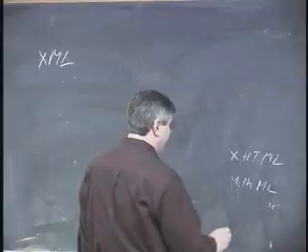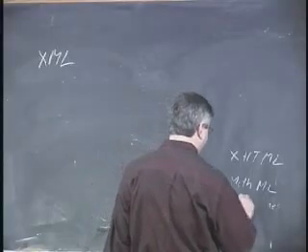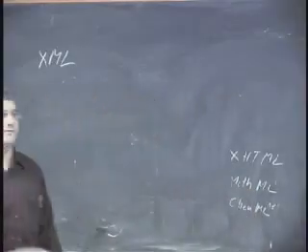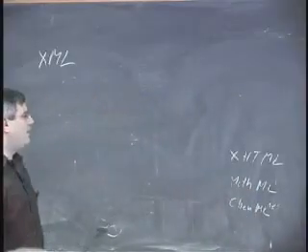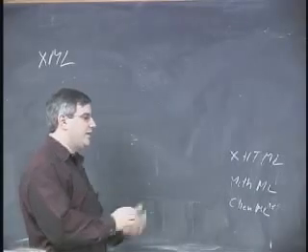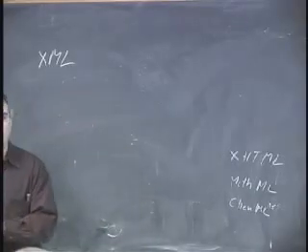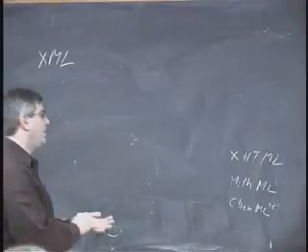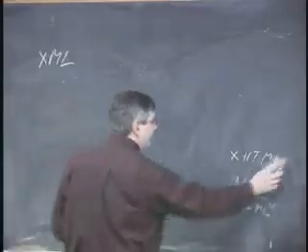There's one for doing line graphics. There's something, I forget what it's called, ChemML or something, for describing molecules used by chemists. There's a bunch of these things. The one I've been working on is called VoiceXML, which is to describe dialogues in an HTML-like format.